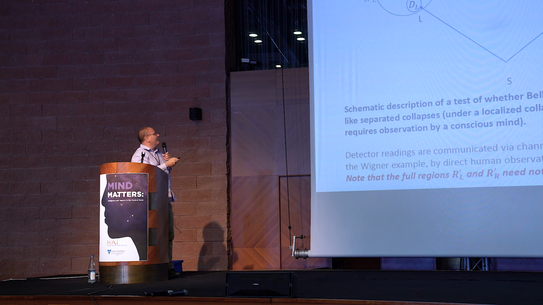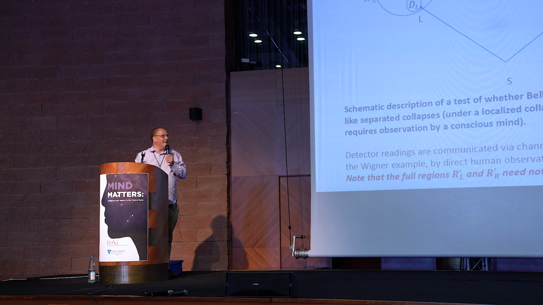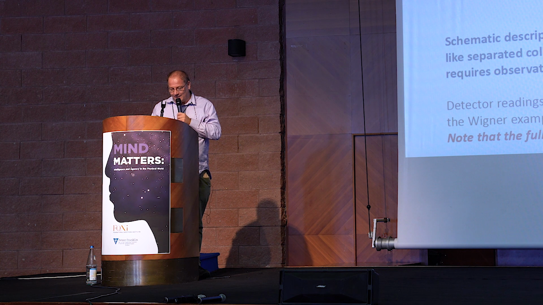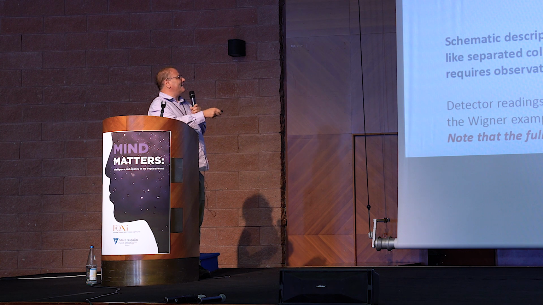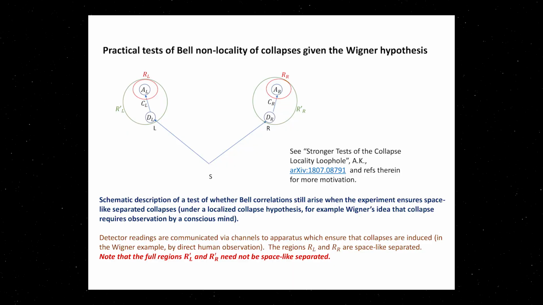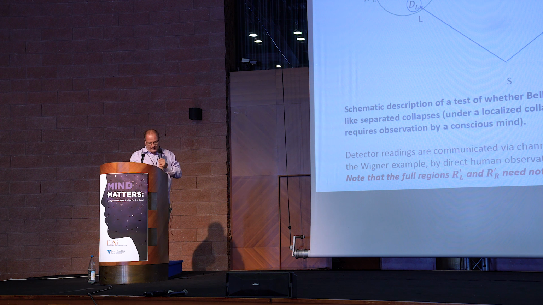And the point is, if you believe or assign non-zero weight to a collapse hypothesis which says that wave function collapses are objective and localized, then you should be dissatisfied by essentially every implementation of Bell experiments to date. Why should you be dissatisfied? Because the point of a Bell experiment, of course, is to demonstrate Bell non-local correlations of measurement outcomes.